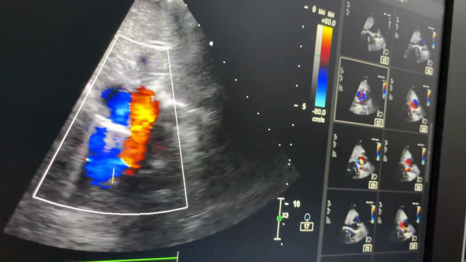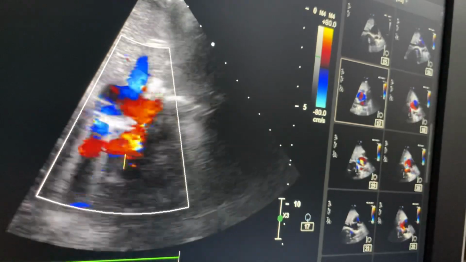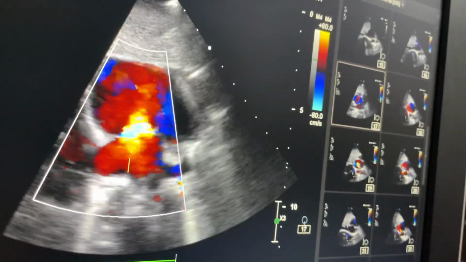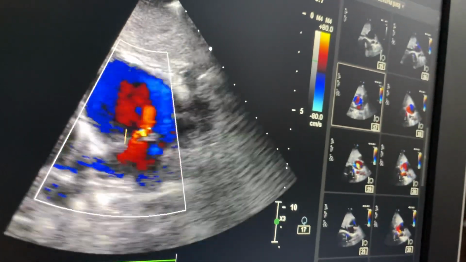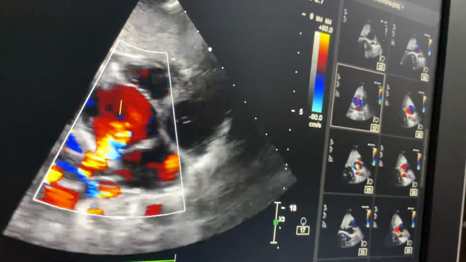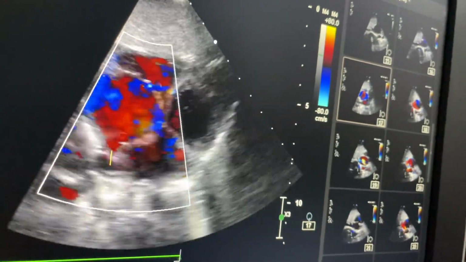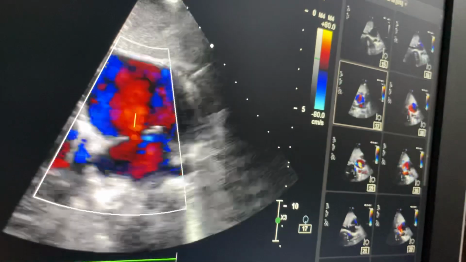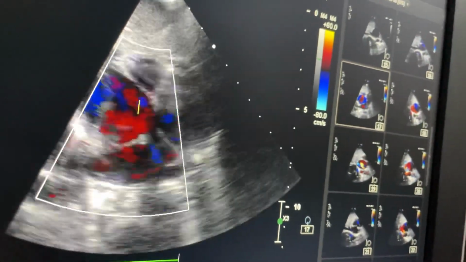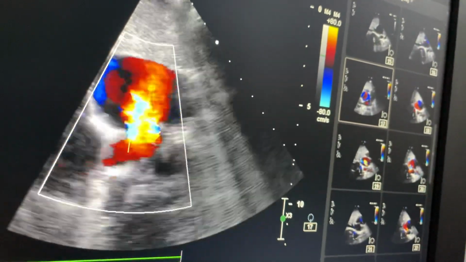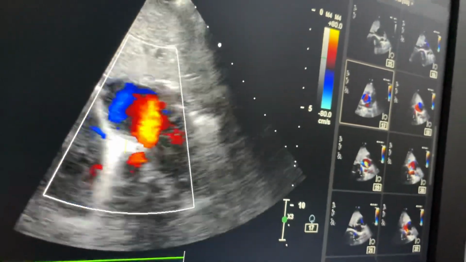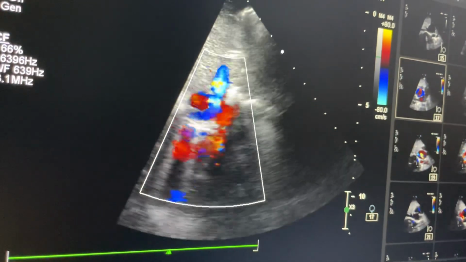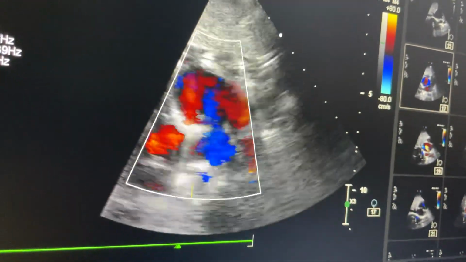A structure that is outside left atrium must be a pulmonary vein draining into right atrium besides IVC and SVC. So this is the right lower pulmonary vein draining into right atrium along with ASD flow, or you can say IVC flow, because the ASD is sinus venosus of IVC type.